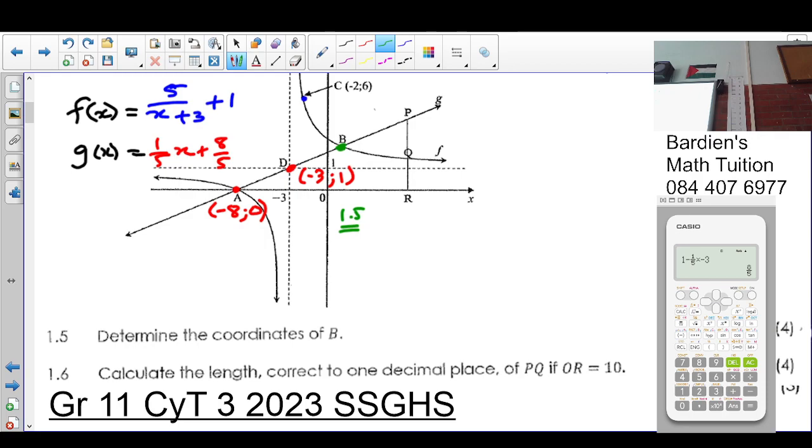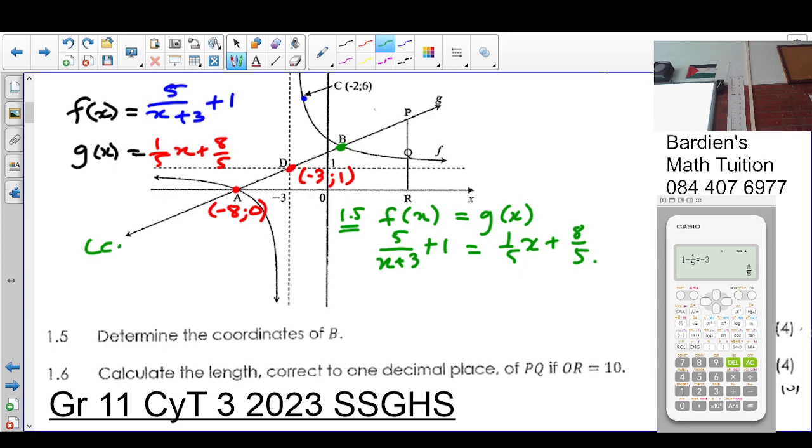Set the graphs equal to each other. So f of x is equal to g of x. So it's going to be 5 over x plus 3 plus 1 is equal to 1 over 5x plus 8 over 5. What's my LCM? LCM, 5 into x plus 3.